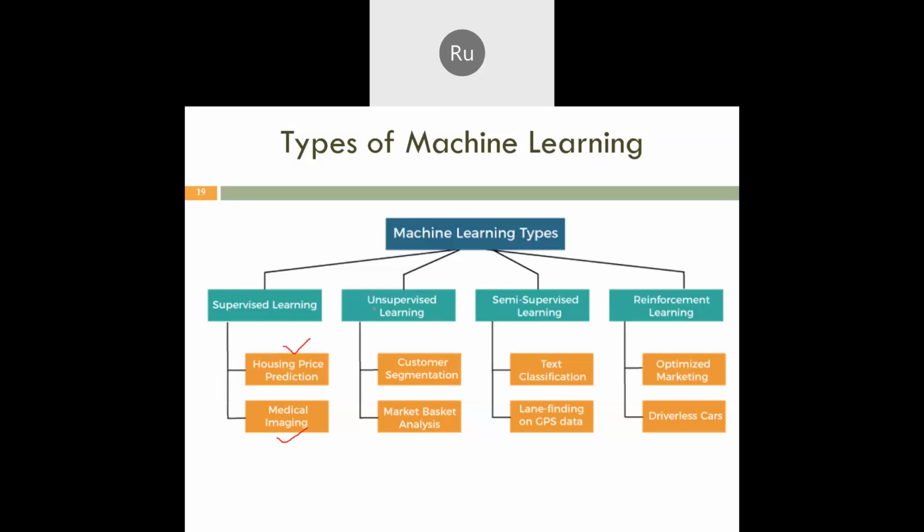For unsupervised learning, we can use this to group customers or to perform customer segmentation based on demography information, or we can perform market basket analysis in which we want to know what items are always bought together in the market. So this is normally used for business.